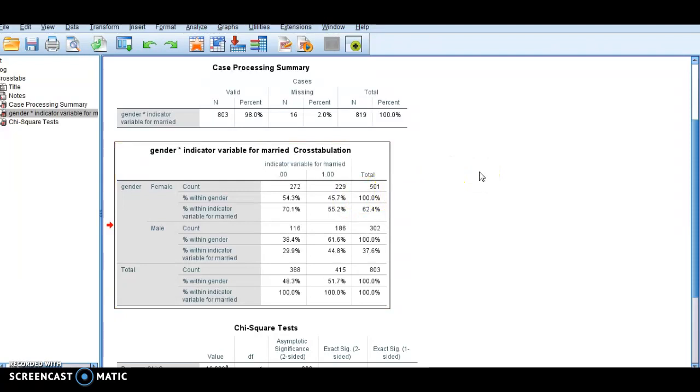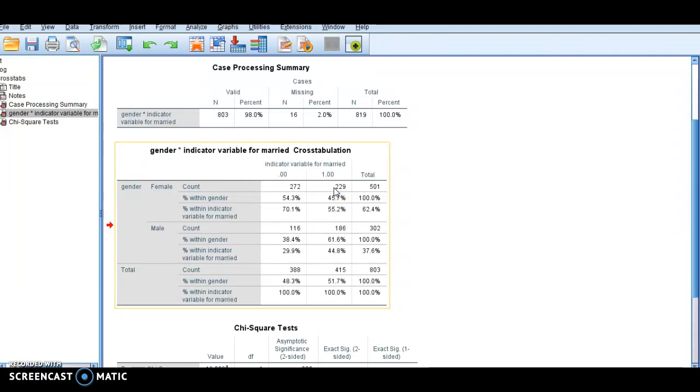So my strong suggestion to you is not to get too bogged down in trying to figure out is it the row percent, is it the column percent, is it the percent within gender, or whatever. Just ask yourself, at the first part of the question, there will be a question of those that have this attribute.